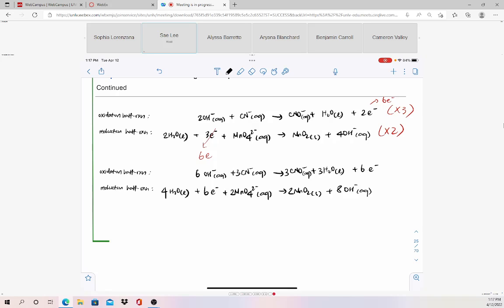8. All right, so the final step is adding up the 2 half reactions.